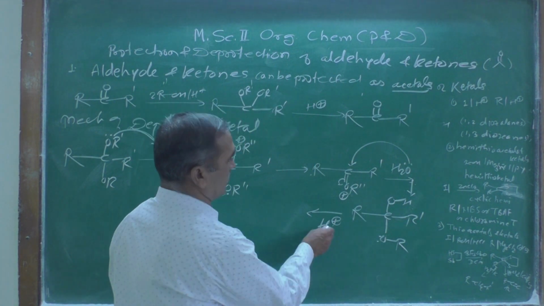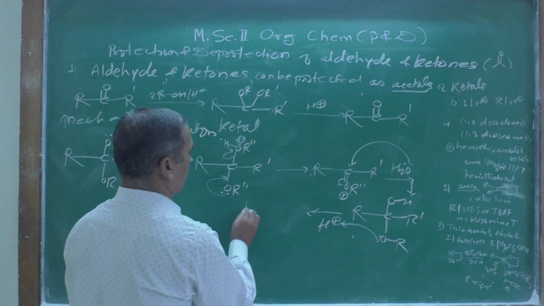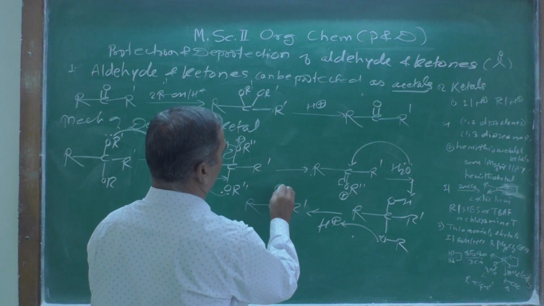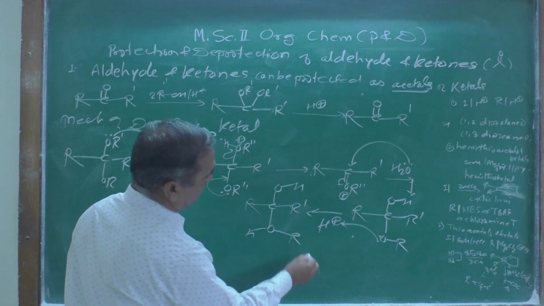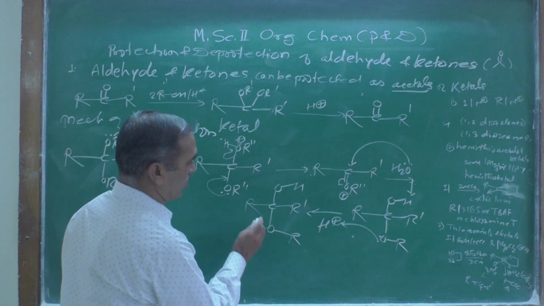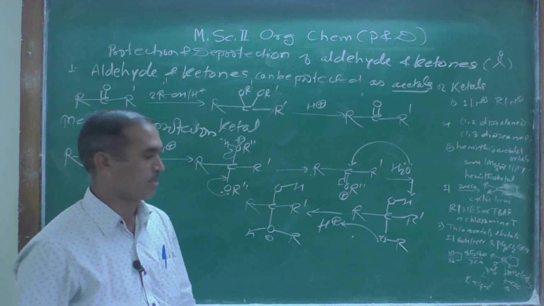in acidic medium. Therefore it will pick up the proton from here, and you are going to get R, C, R', then OH, this OH. Now look again, the oxygen atom has 3 bonds over here, therefore a positive charge comes on that oxygen atom.